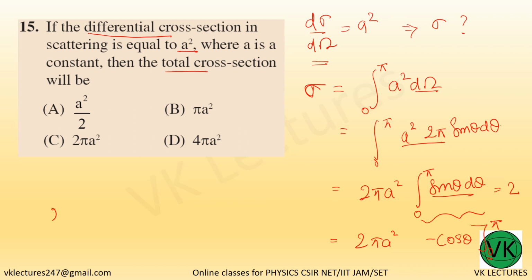So 2 pi a square into cos 0, which is 1, minus cos pi, which is minus 1. That's equal to 4 pi a square. So your option is D. You have to remember this formula, the differential cross section formula, as well as the total cross section formula.